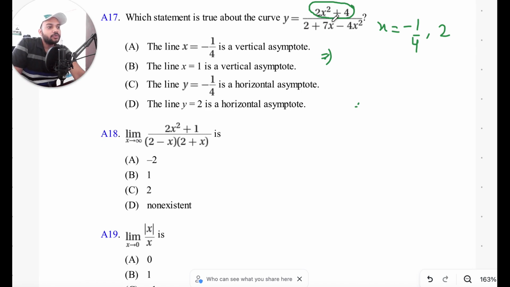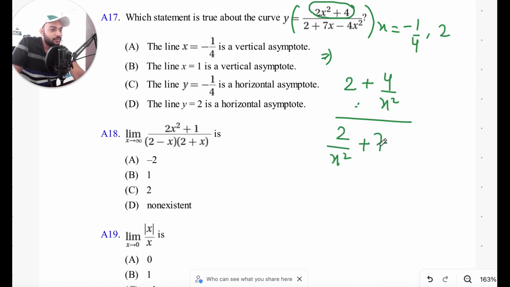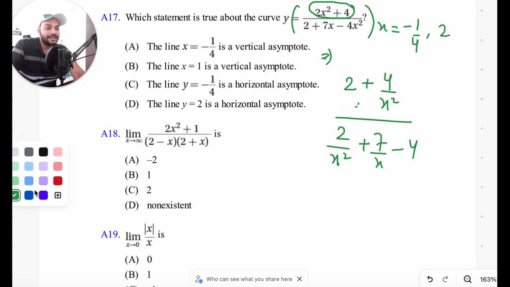If we want to check what happens when x tends to infinity, let's quickly solve the limit for x tending to infinity for this one. Divide the numerator and denominator by x squared. We get 2 plus 4 over x squared over 2 over x squared plus 7 over x minus 4. Now put x as infinity.